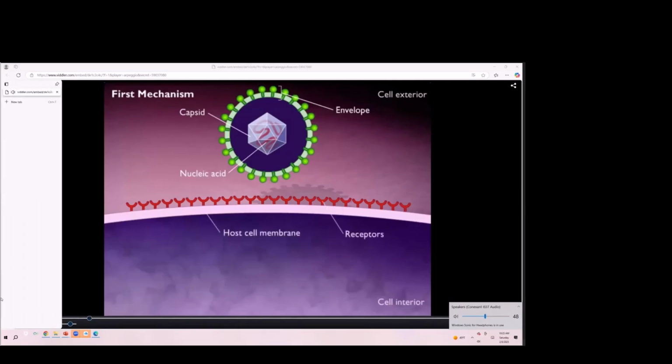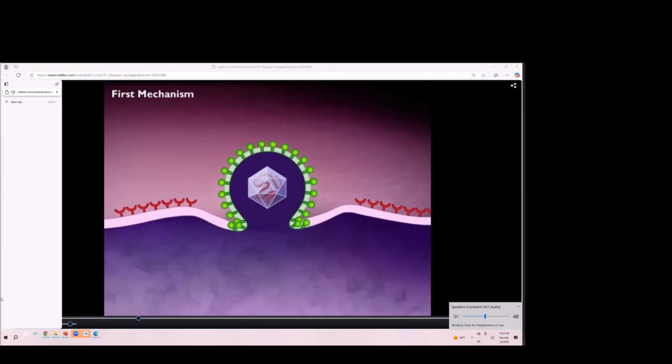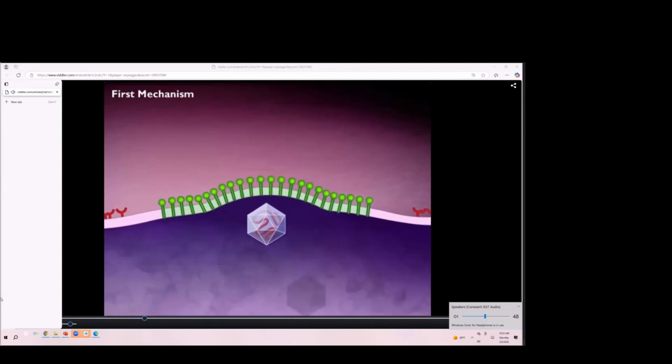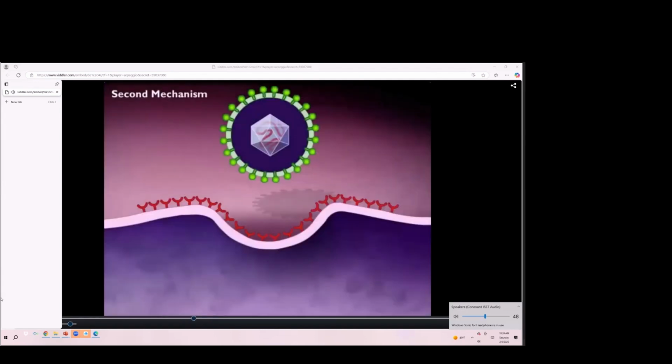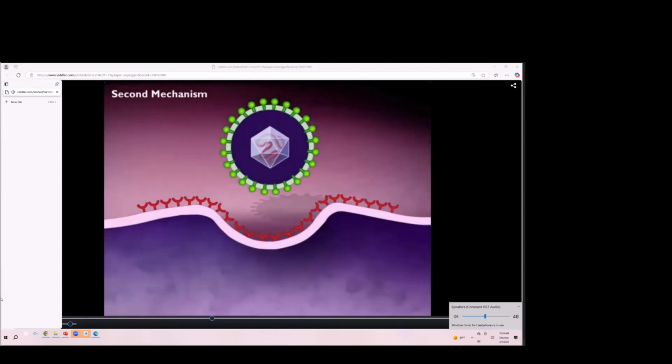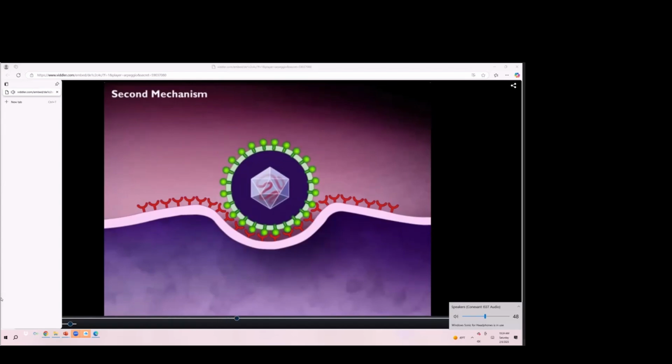Virus attaches to host cell receptors by specific proteins on its surface called spikes. With the first mechanism, the envelope of the virus fuses with the plasma membrane of the host, and the virus is released into the cytoplasm. The capsid is removed by enzymes in the cell. In the second mechanism, the enveloped virus absorbs to the host cell by specific proteins on its surface, and the virus is taken in by endocytosis.